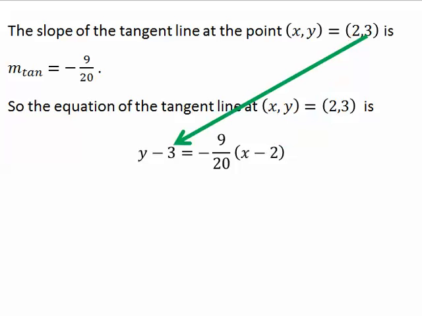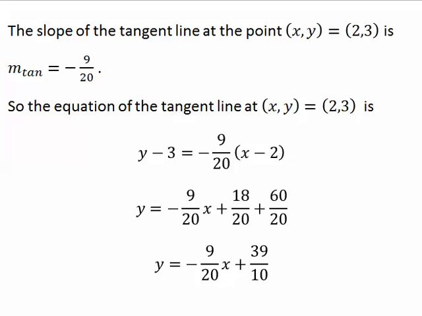The 3 comes from the point (2, 3) as well. At (2, 3), y is equal to 3. So the equation of the line at point (2, 3) with a slope of negative 9 over 20 is y minus 3 equals negative 9 over 20, all of that, times x minus 2.